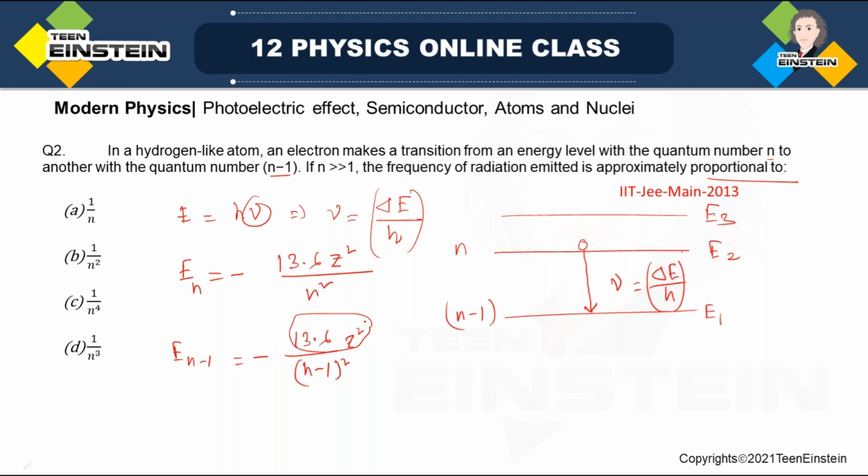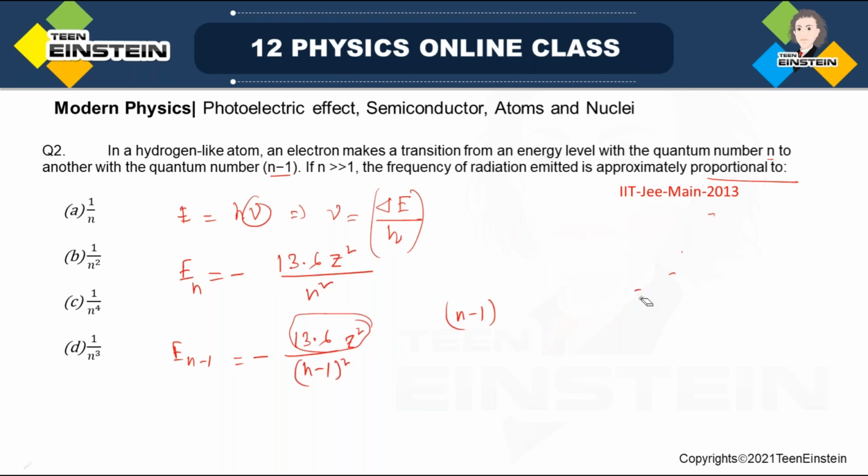Then I can just think of this as K. So look, what I can write for delta E, the energy difference, is K by (n minus 1) square, I'm just taking the difference, minus K by n square.